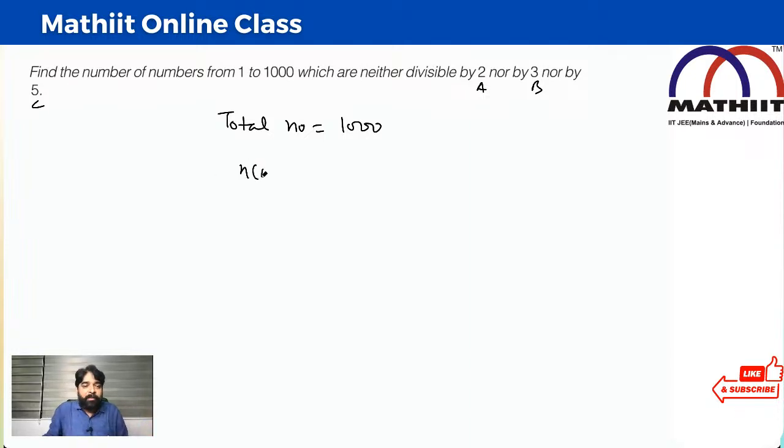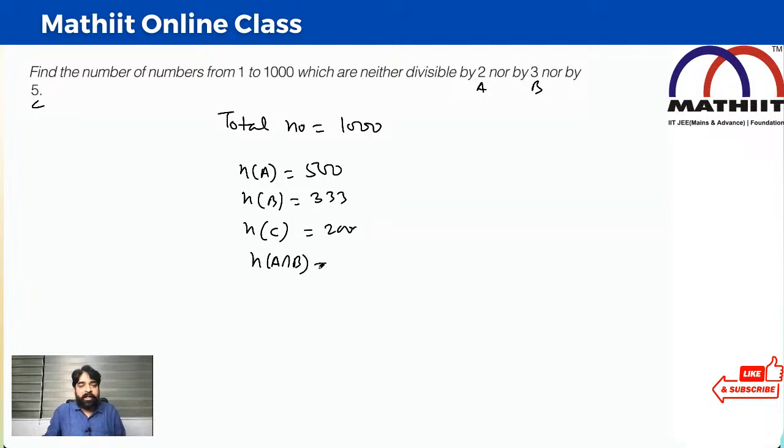So N of A will be equal to 1000 by 2, that will become 500. N of B will be equal to 1000 by 3. How much will 1000 by 3 become? 333, I think. Yes, 333. And N of C is 200. Now N of A intersection B, A and B both, means 6.